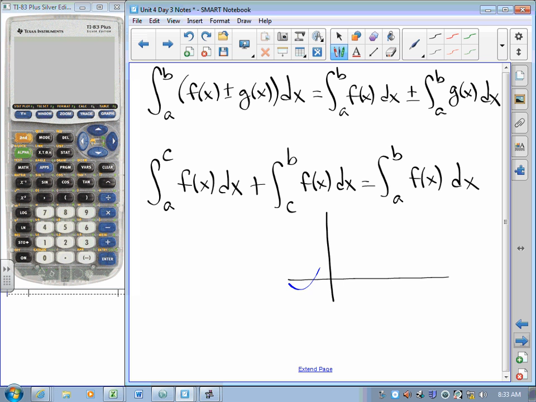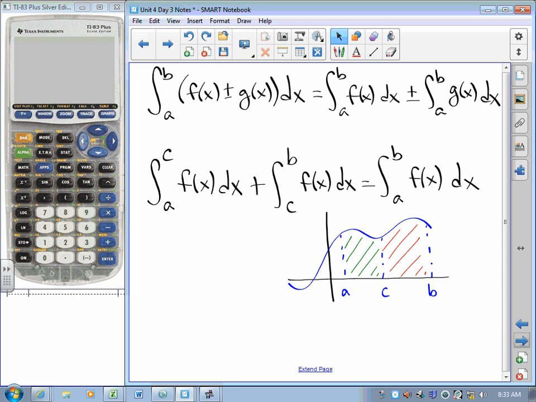Some generic function, O, A, C, B, leprechaun area plus communist area equals total area. This almost makes sense. Of course, you're going to say, what if C is to the left? Touché.